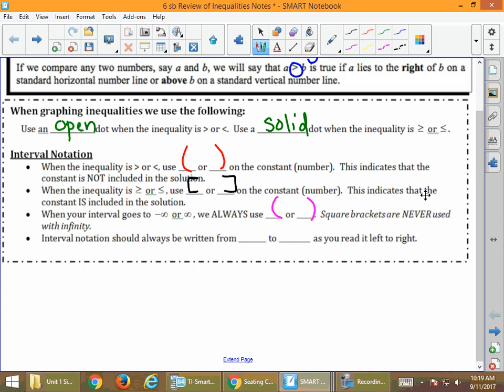And finally here, interval notation always needs to be written from least to greatest. I'm sorry, I did not leave you enough space to fill that in. From the smallest number to the biggest number. Every single time.